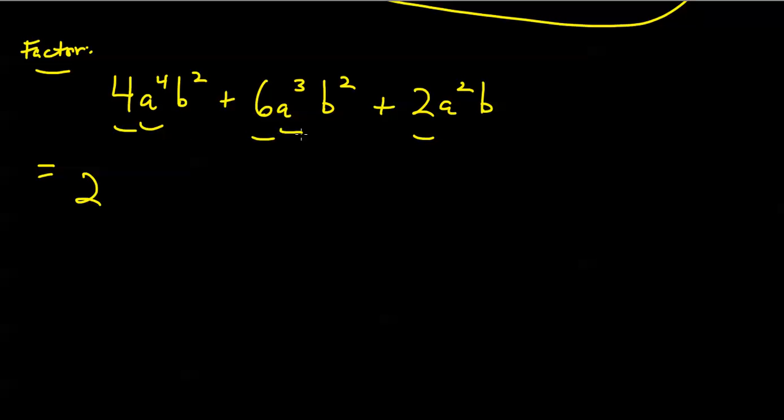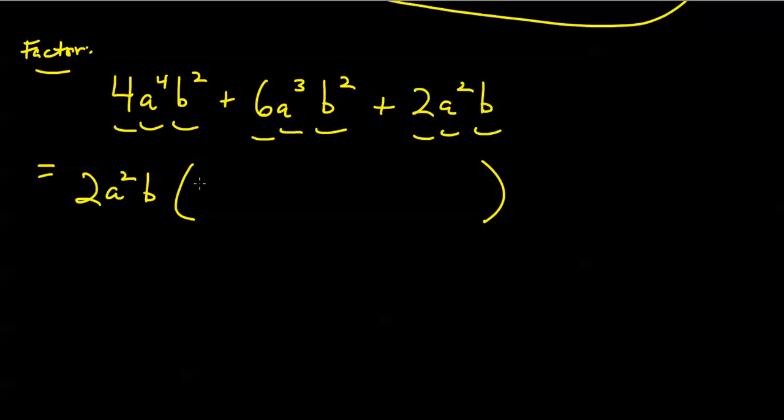Similarly, what's the greatest number of powers of a we've got in all of these terms in this polynomial that's common to all? Of course it's going to be an a squared. And how many powers of b are common to all? Only one b is common to all 3 terms. So I can factor out a 2a squared b.